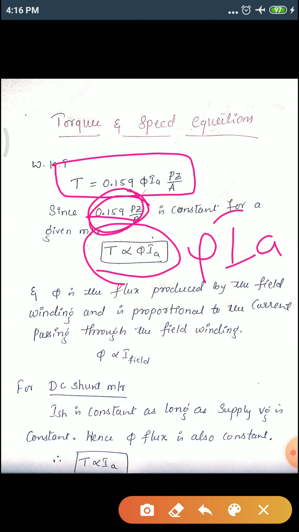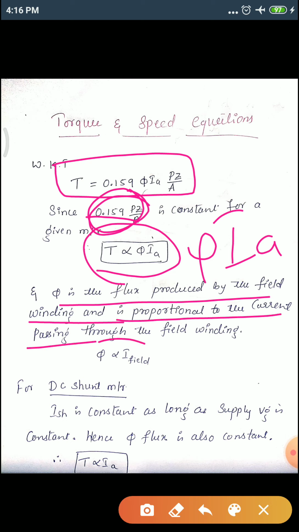Phi is the flux produced by the field winding, and it is proportional to the current passing through the field winding. Therefore phi is directly proportional to I field. Remember these formulas.